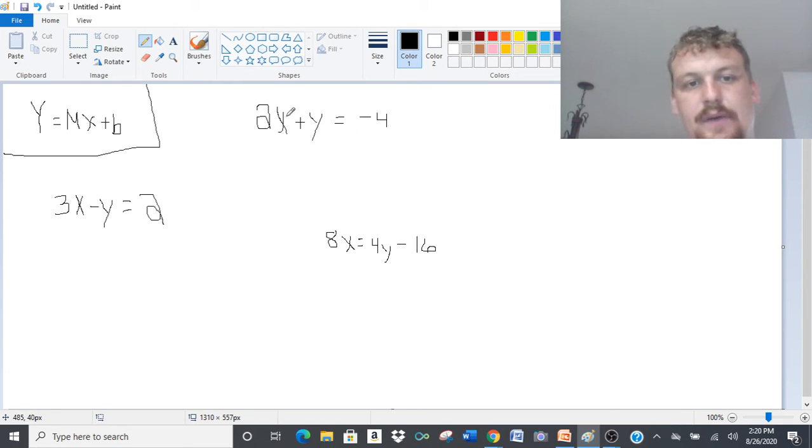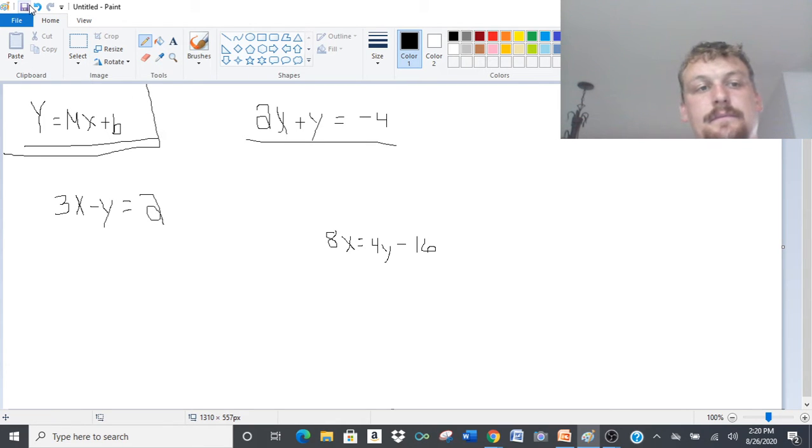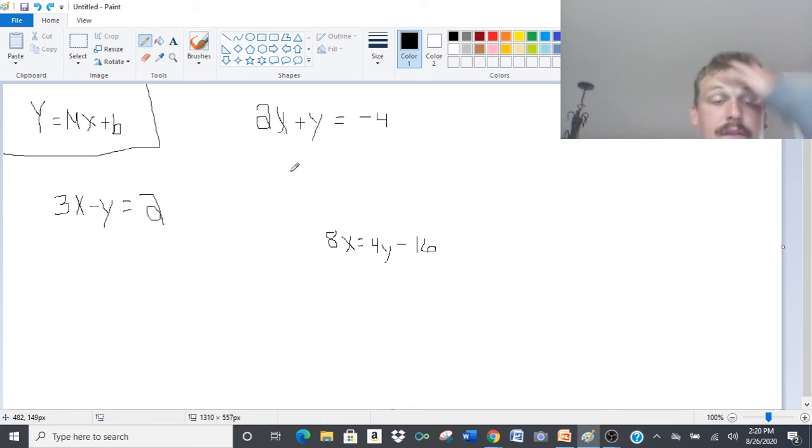Okay, so we have 2x + y = -4. Now looking at it, you're determining what is different about this equation than this one. Well, the 2x is on the same side as the y, and on this one it is not. So we have to move the 2x over. If you remember, in order to move the 2x all the way over, what do we have to do?